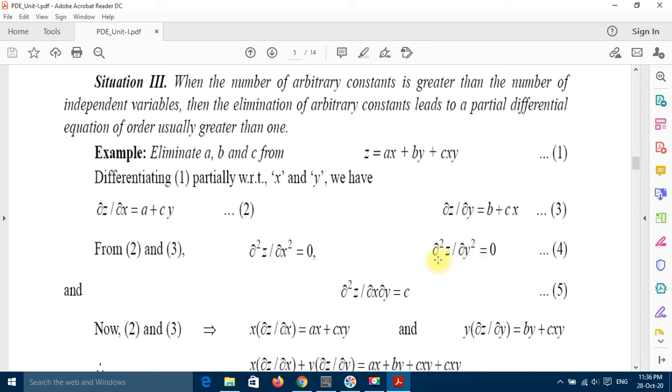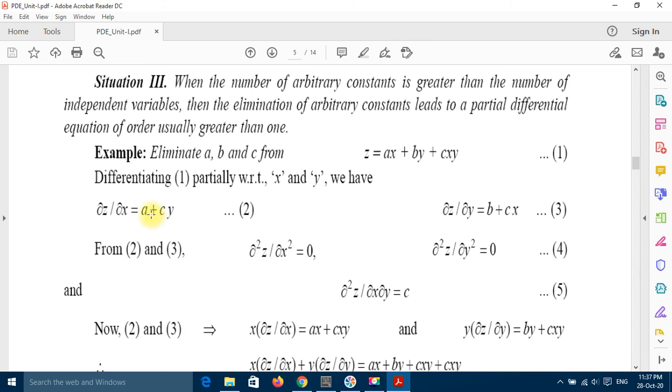Why do we get such equations? Because ∂z/∂x is a function of a + cy, so if we differentiate with respect to x, the derivative of a + cy with respect to x is 0. And we differentiate equation number 3 with respect to y, and the partial derivative of b + cx is 0, because this is a constant. We differentiate it partially with respect to y, so the second order derivative will be 0.